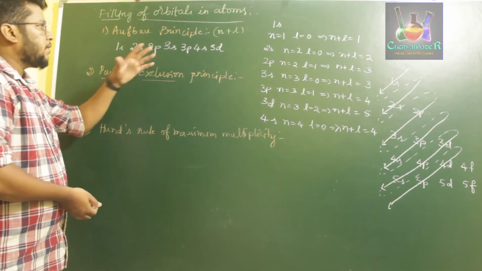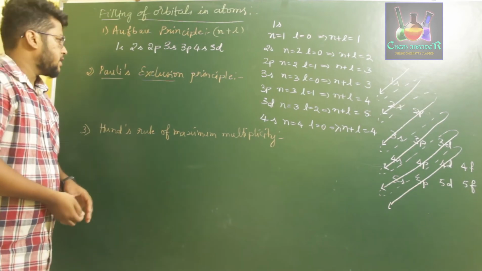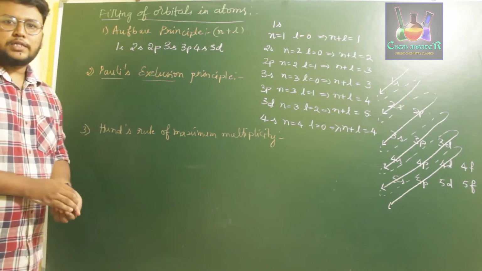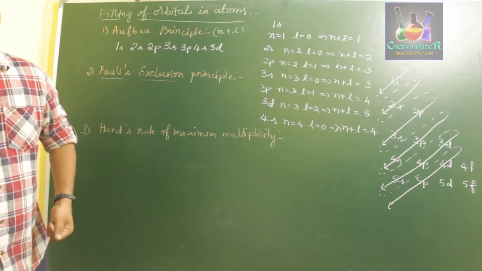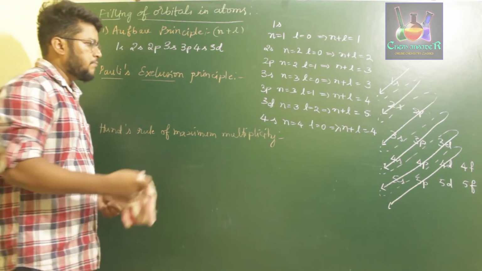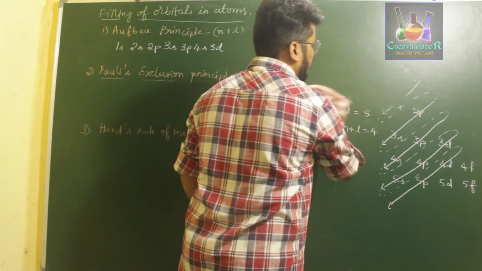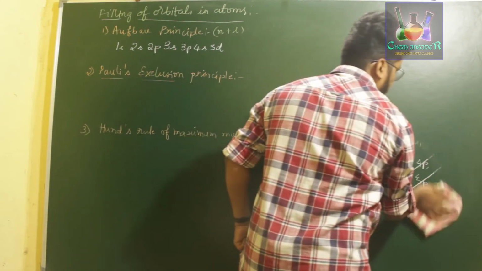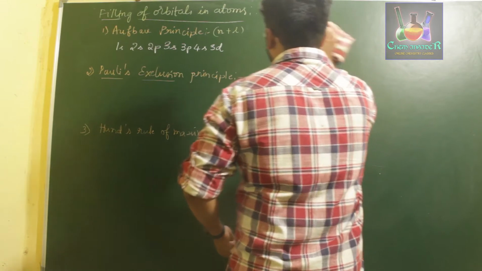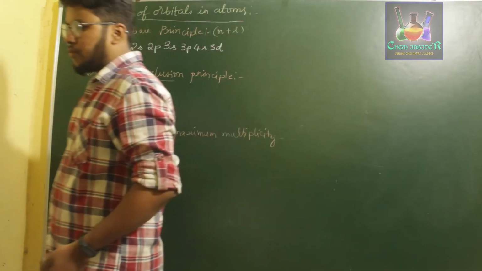Okay. So once you have understood this Aufbau principle, next we'll discuss Pauli's exclusion principle. The Austrian scientist Pauli said that whenever you consider filling electrons in a given orbital, we have an exclusion over there.